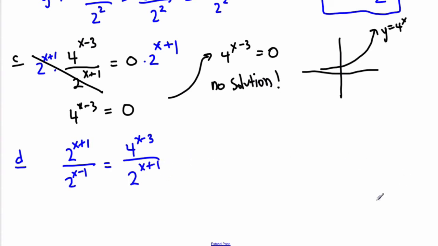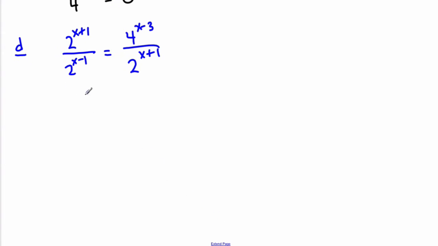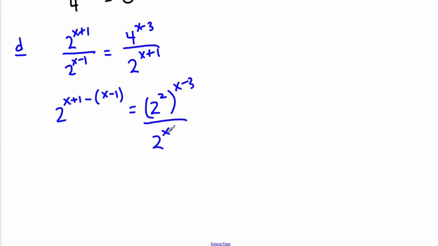Okay. Subtract these powers. We have 2 to the x plus 1 minus parentheses x minus 1. Always use parentheses if you have two terms. Equals, change this to a base 2, 2 to the 2, x minus 3, all over 2 to the x plus 1. And we can combine these now.